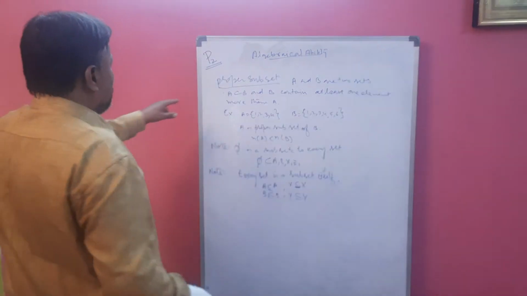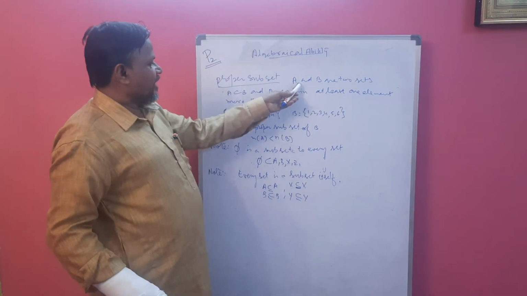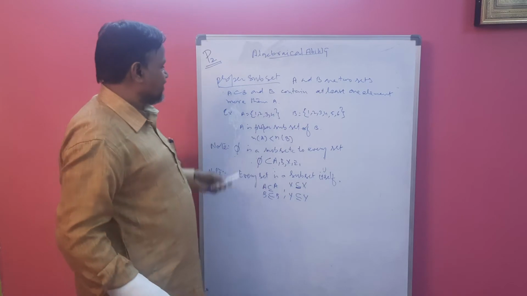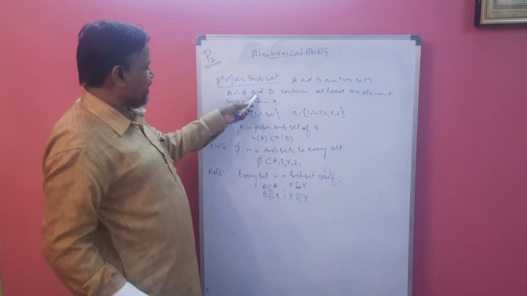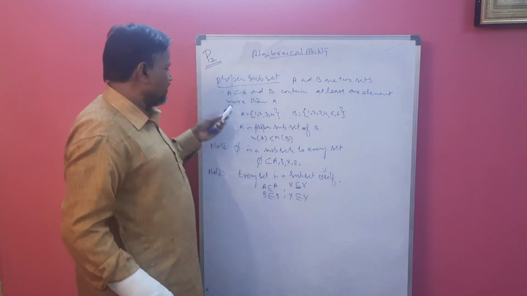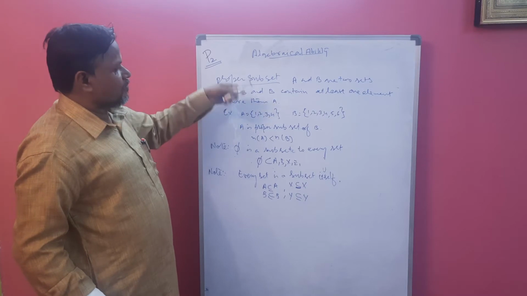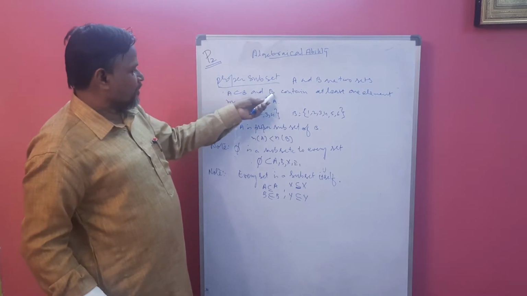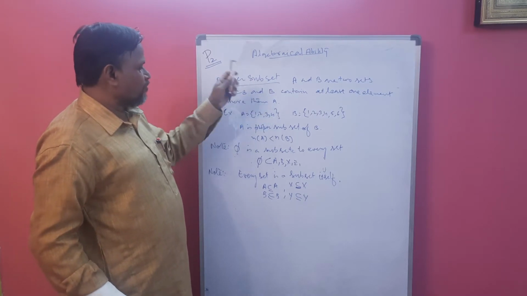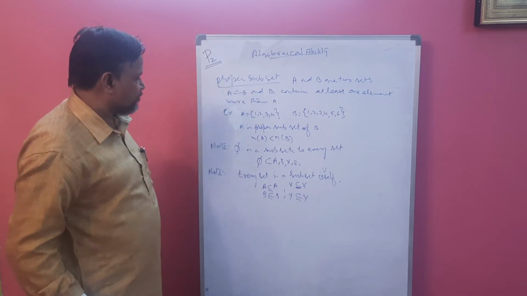Now proper subset. A and B are two sets. A is a subset of B and B contains at least one element more than A. Then we can say A is a proper subset.